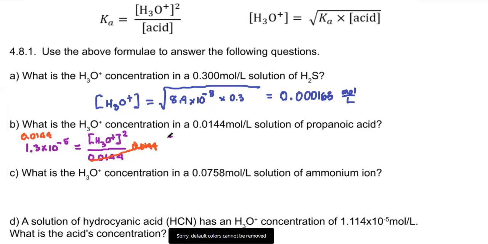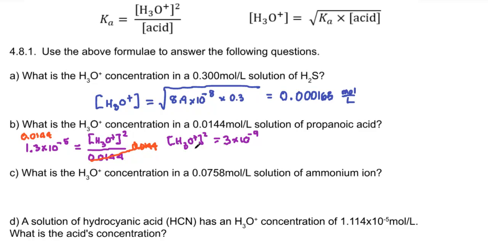And so our next step looks like H3O squared equals 0.0144 times 1.3 times 10 to the minus 5. My calculator runs out of space to display this, so I get 3 times 10 to the minus 9, which is a pretty lame value. I believe it's holding more sig digs than that in memory, it just can't show them to me.